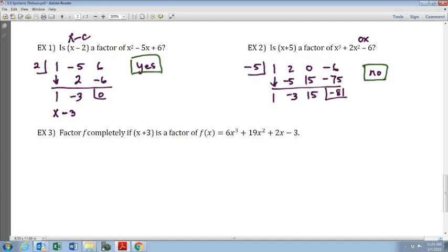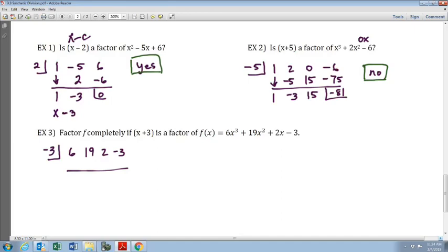It says factor f completely if x plus 3 is a factor of f of x equals 6x cubed plus 19x squared plus 2x minus 3. Well, if x plus 3 is a factor, then we know when we do the division here, we should get a remainder of 0. So let's go ahead and do that. So we're going to use negative 3 in our little box, and we don't have any zeros to put in here. So there's our coefficients.